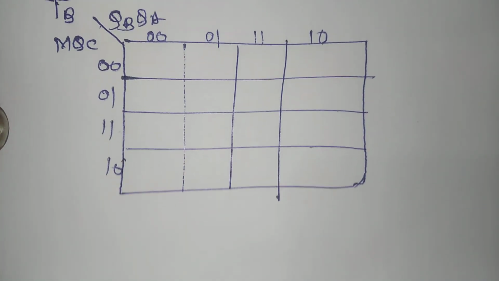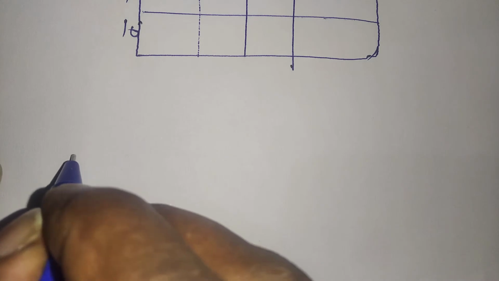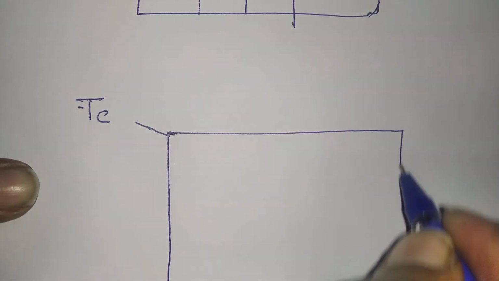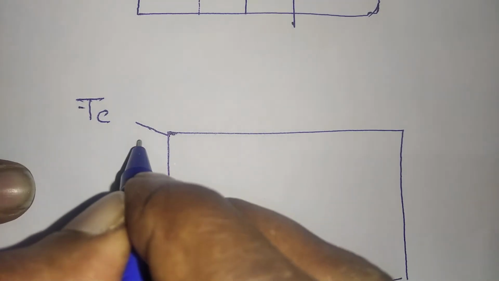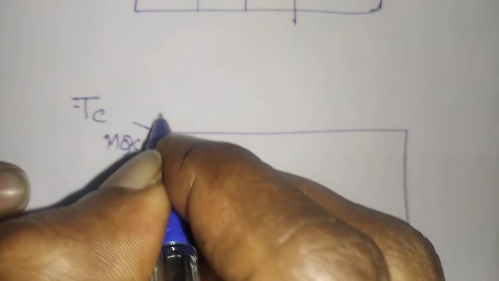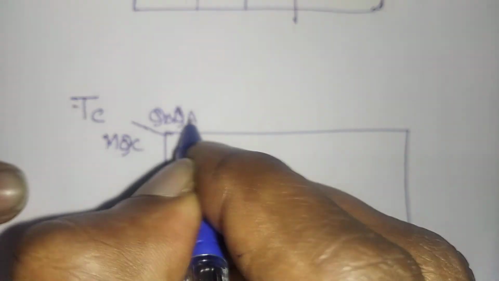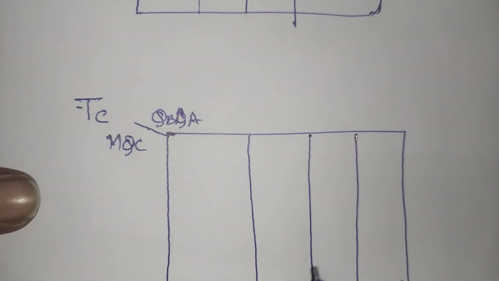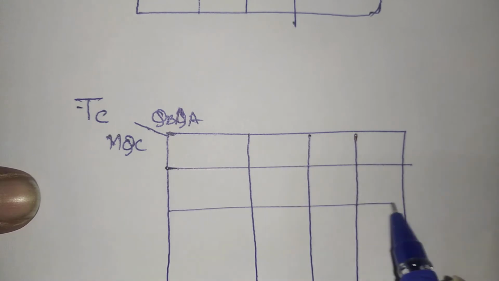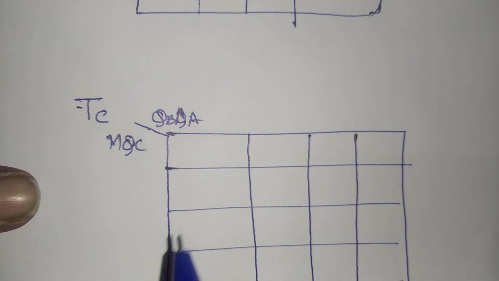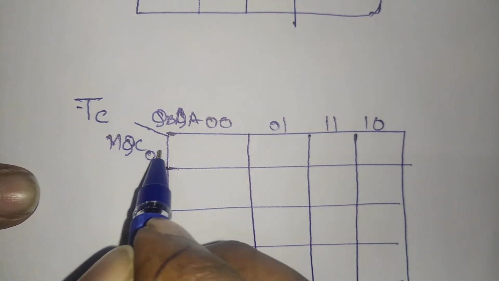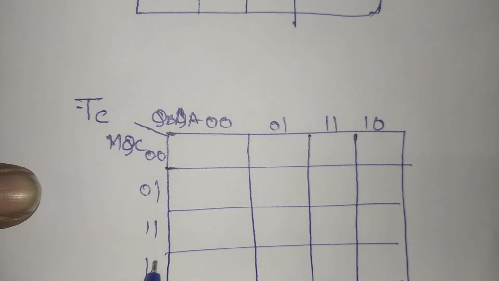And for TC also we have to take K-map TC, M, QC, QB and QA. Okay, 0 0, 0 1, 1 1, 1 0.